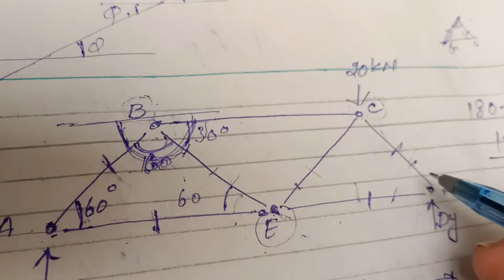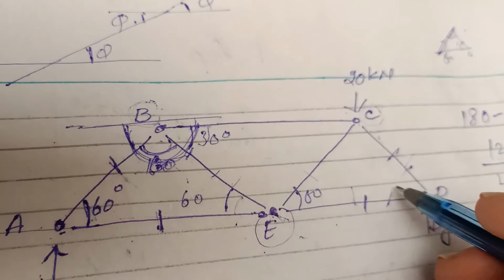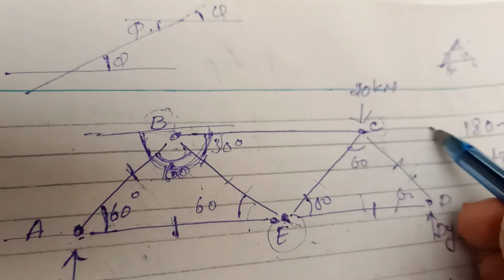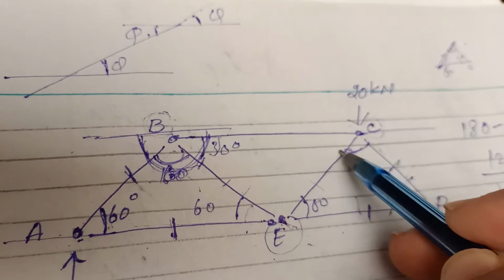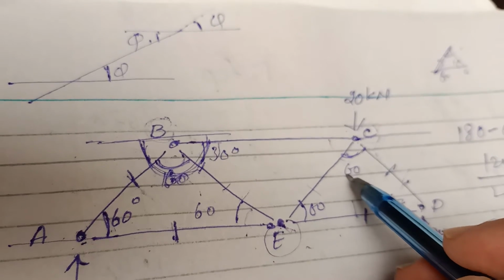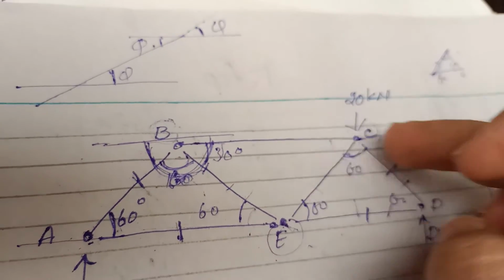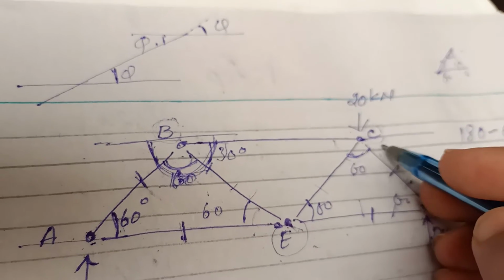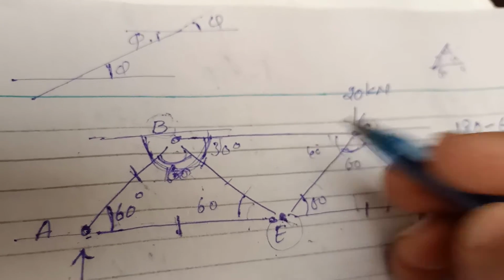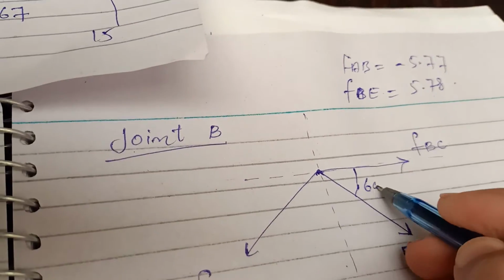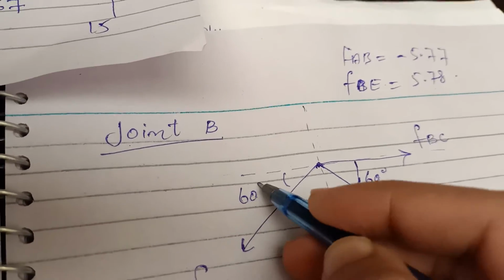Again, for example, this is 60, this is 60, and this is also 60 because 180 minus 60 equals 120, and these both are the same. So this is your angle, equal to 60 degrees.